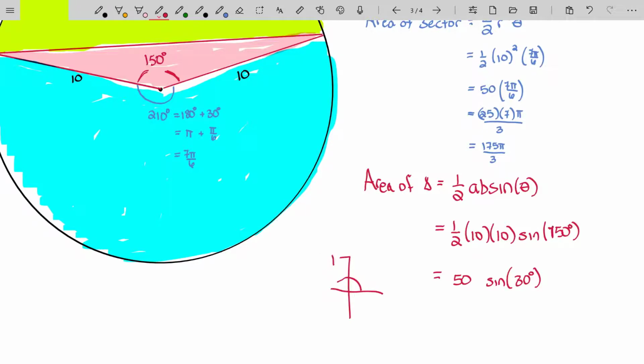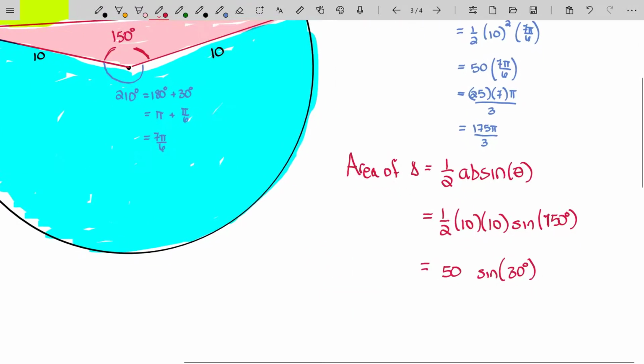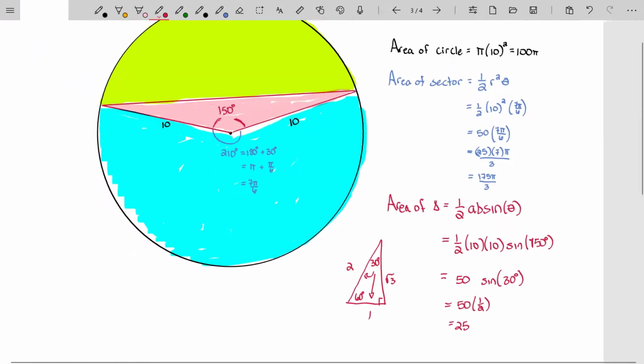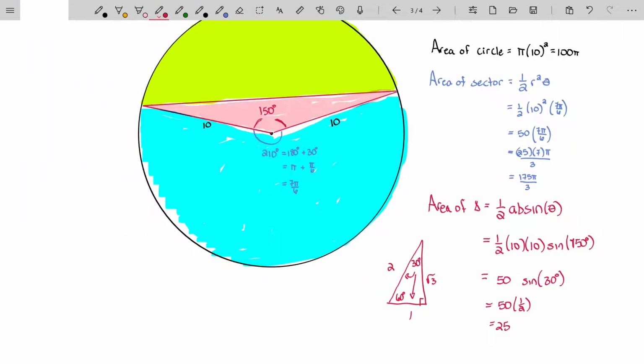So that space was just in case I needed a negative sign. I don't. And we also know from our special triangles, 30, 60, 90, with sides 1, 2, root 3, the sine of 30 degrees, opposite over hypotenuse, is 1/2. So that's 50 times 1/2, or in other words, 25. That is the area of that red region.